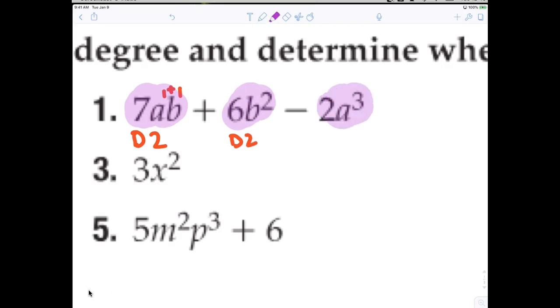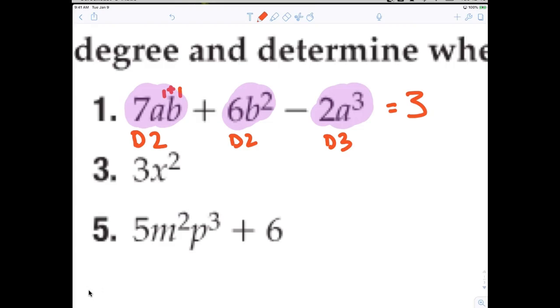This monomial over here has a degree of what? 3. So the degree is always the largest of the individual monomials. So the degree of this trinomial would be what? 3. It's not a sum of the individuals. It's the largest of the monomials.